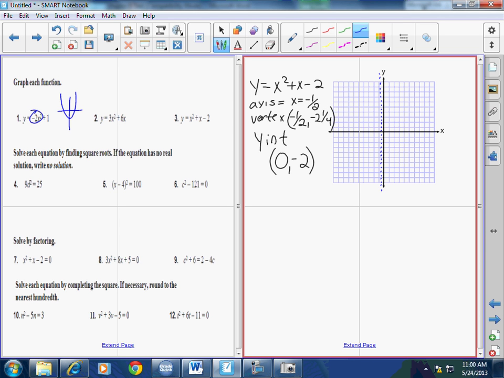My vertex is (negative 1/2, negative 2 1/4). So down 1, 2, and just below it, a little quarter right there. My y-intercept is (0, negative 2). And that's a quarter to the right, so go a quarter to the left. And there it is. That's my graph.